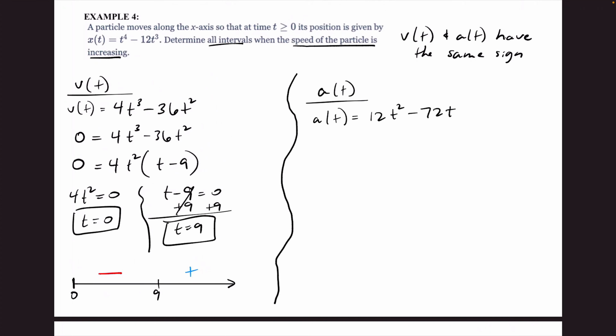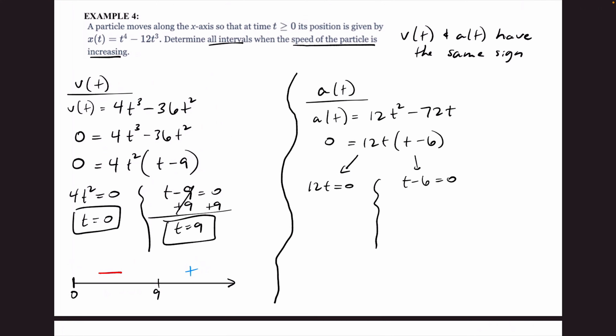You can factor out a 12t and you get t minus 6. So you have 12t equals 0 and t minus 6 equals 0. Divide by 12, you'll get 0. Add 6, you'll get 6.